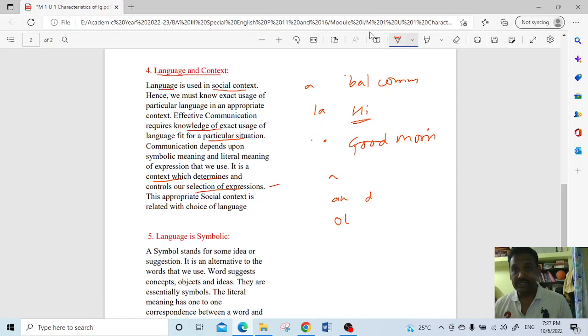It is because in this usage, the social context is different, and in this example, the social context is different. So, this is the characteristic of language, that language is used in specific social context.